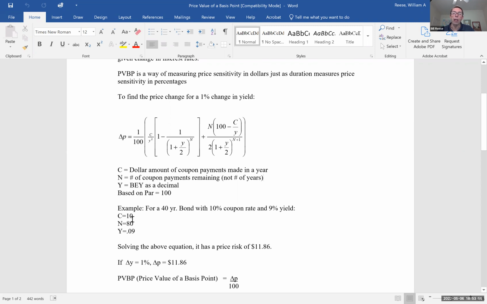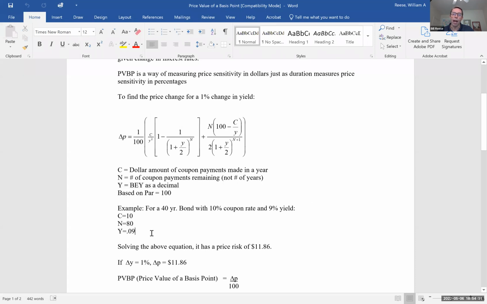That's the dollar amount of coupon payments made in a year, because it's based upon a par value of 100, and 10% of 100 is 10. N is 80, because N is the number of coupon payments remaining. It's a 40-year bond with semi-annual coupon payments, so there are going to be 80 coupon payments remaining. And Y is going to be 0.09. The yield is 9%, and Y is the bond equivalent yield, or yield to maturity, as a decimal.